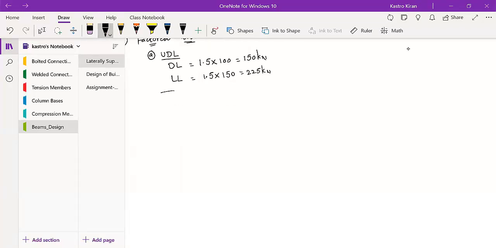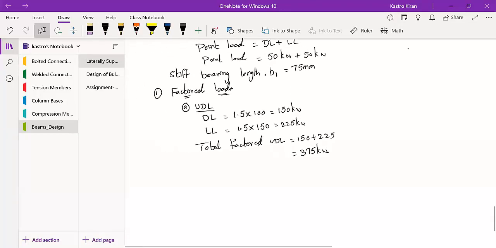Therefore, the total factored UDL is the summation of dead load and live load, that is 150 plus 225. If you solve this, you will get 375 kilonewtons. So this is one of the factored loads.